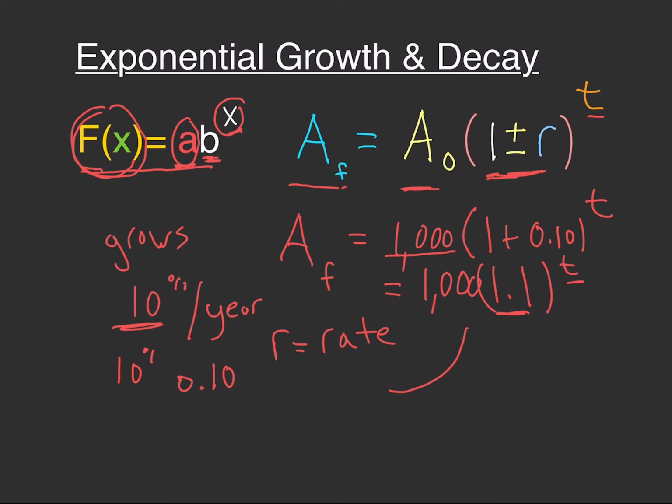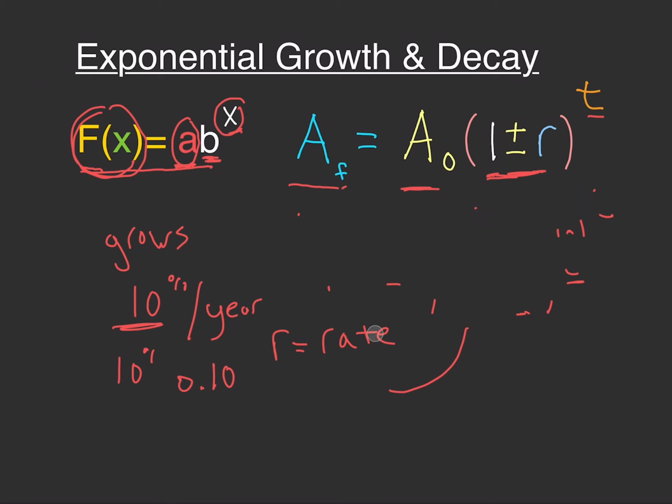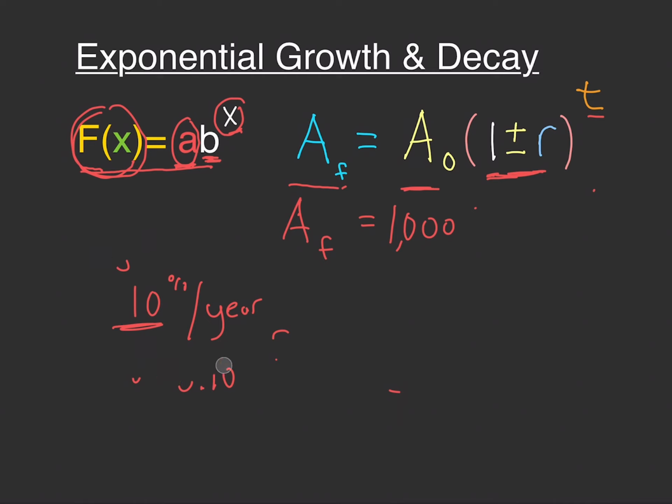So let me give you an example. If I had one that was a decay, I'm going to erase this here. I start with that same $1,000, but this time maybe it's the value of a car, and I want to find out the final value. Instead of growing in value 10% per year, cars will often lose their value, they depreciate. So let's say in this case that it loses 10% of its value per year.